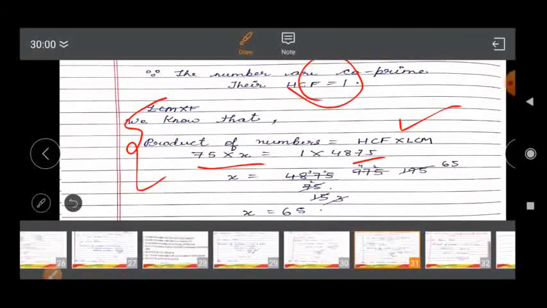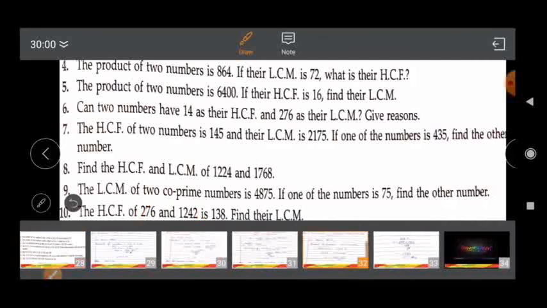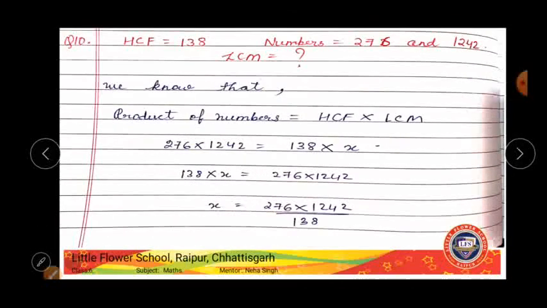Now moving on to the last question of this chapter and the exercise. The HCF of 276 and 1242 is 138. 276 and 1242 are the numbers and their HCF is given as 138. You need to find the LCM, right?